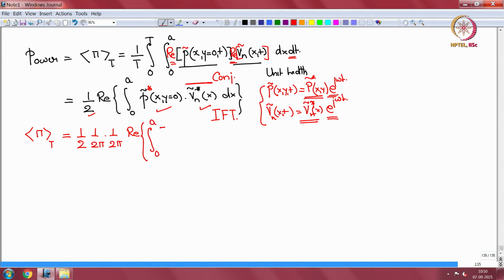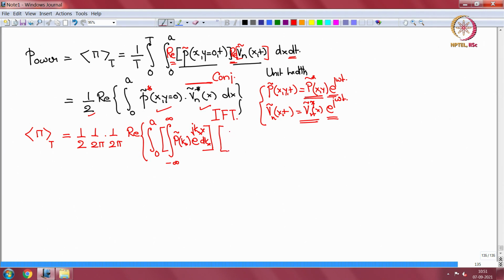Now for this spatial pressure on the surface of the panel, I will introduce the Fourier transform, which is minus infinity to infinity the P tilde kx e to the power plus j kxx dkx.